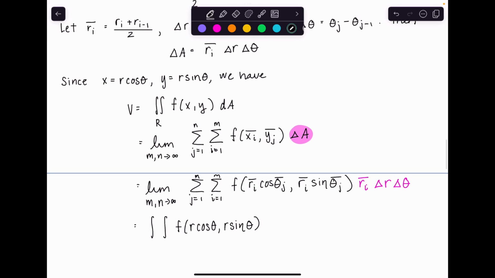The theta is going to change between alpha and beta, so we'll make that the outer values. And then our r, in this case, has these constant bounds a and b. The only difference now is this. In the limit, this will turn to just r, and then delta r turns to dr, delta theta turns into d theta.